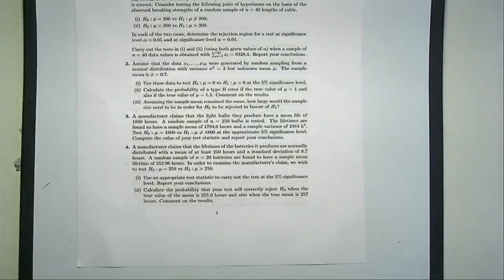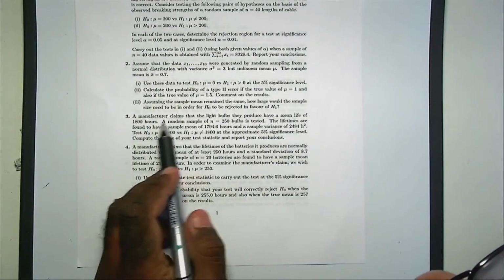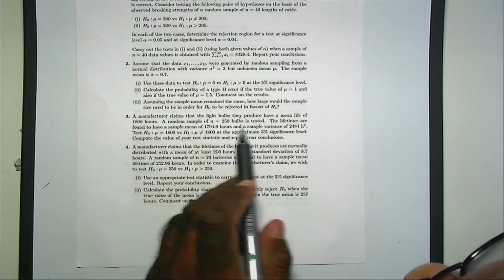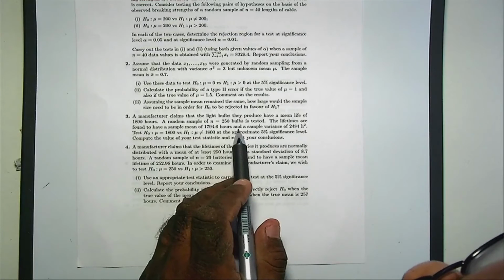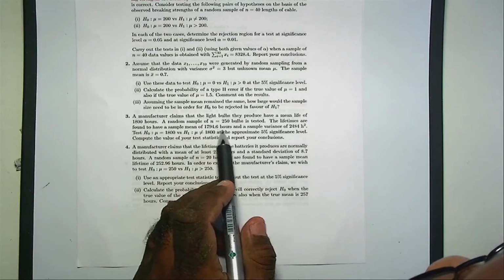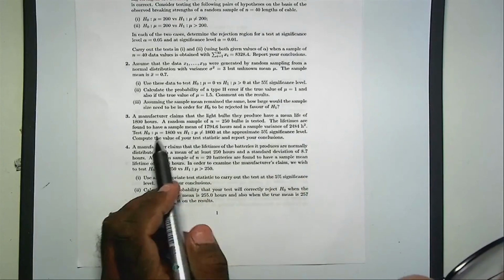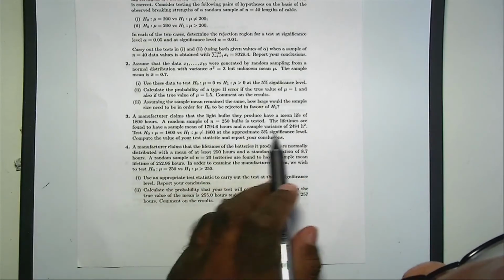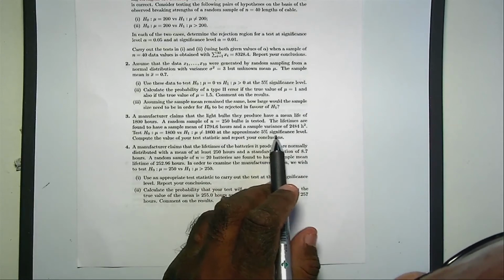So let's move on to question 3. Here you have the manufacturer with a mean lifetime of 1800, n is 250. This is the sample mean, and this is the sample variance, and we want to test this versus this at alpha equal to 0.05.